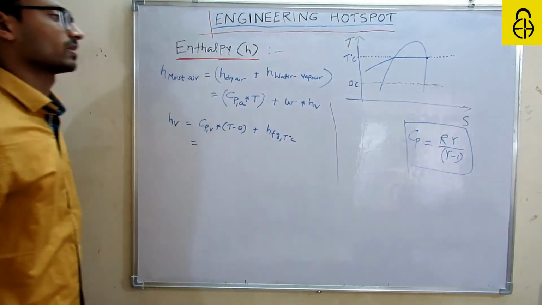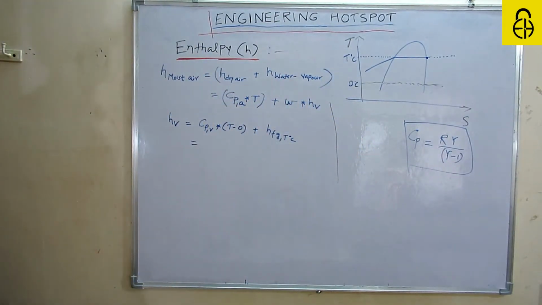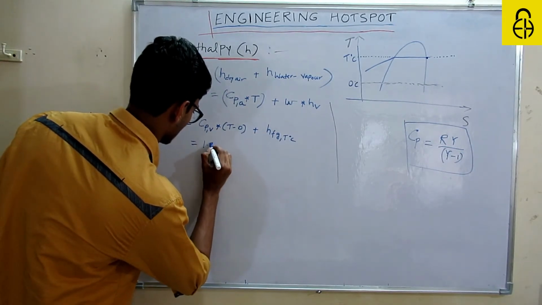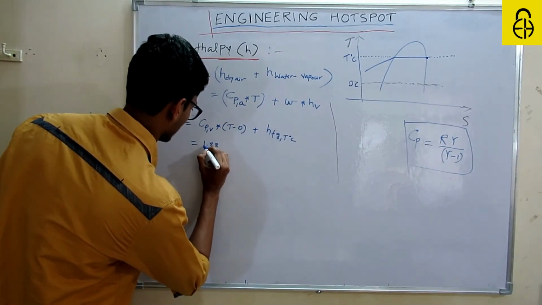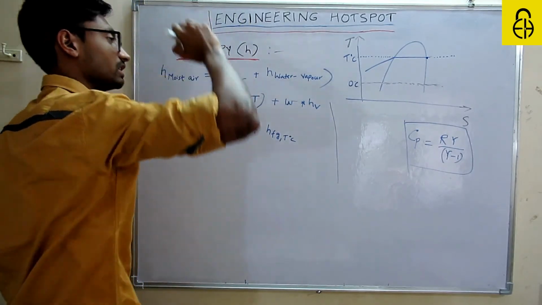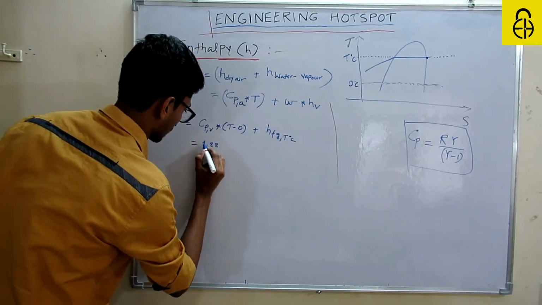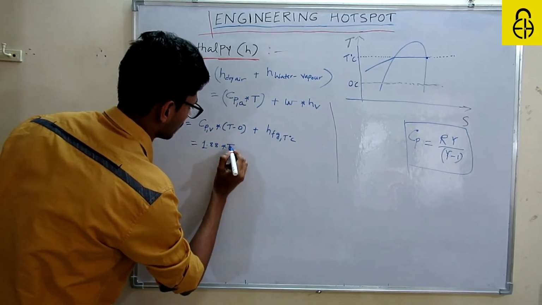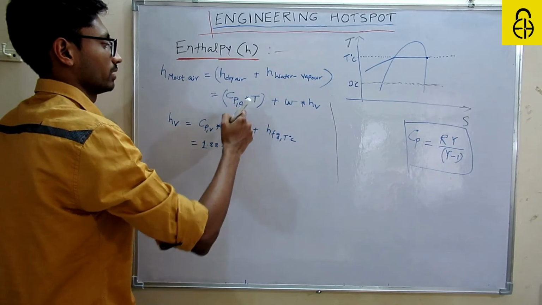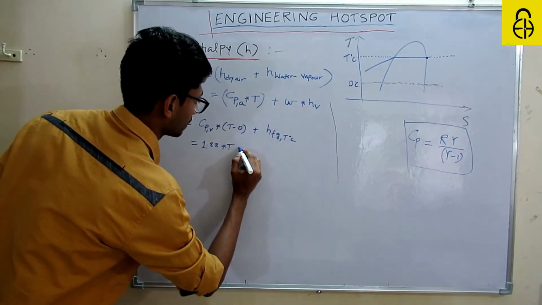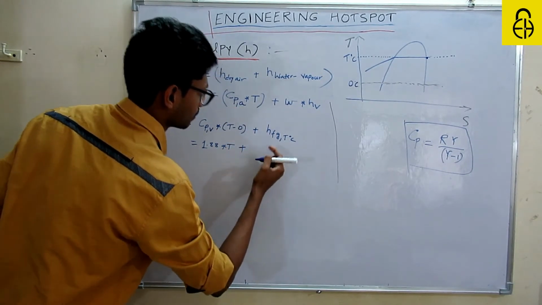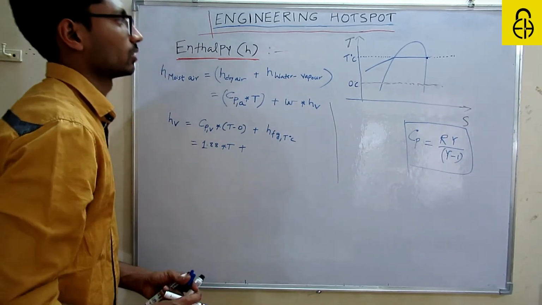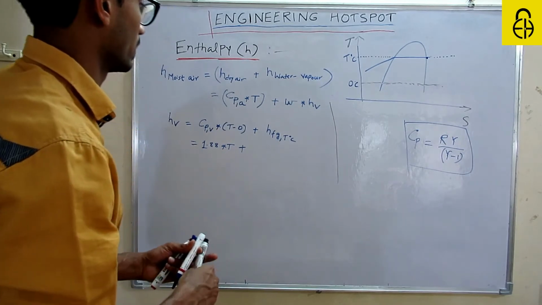If you calculate the Cp for vapor, you will get this value as 1.88 kilojoule per kg K. This T is this T only, the DBT, dry bulb temperature, plus HFG at T degrees Celsius. So this will be what?